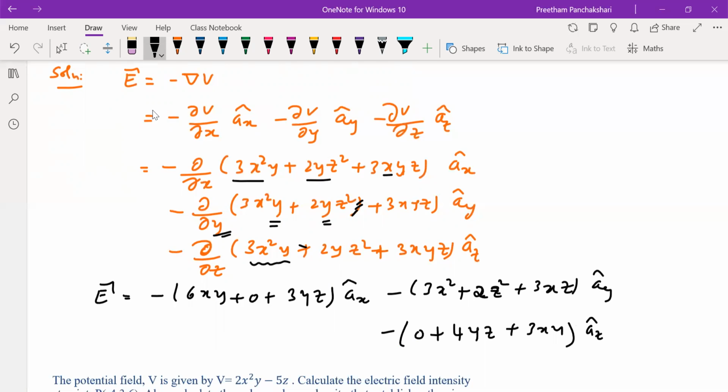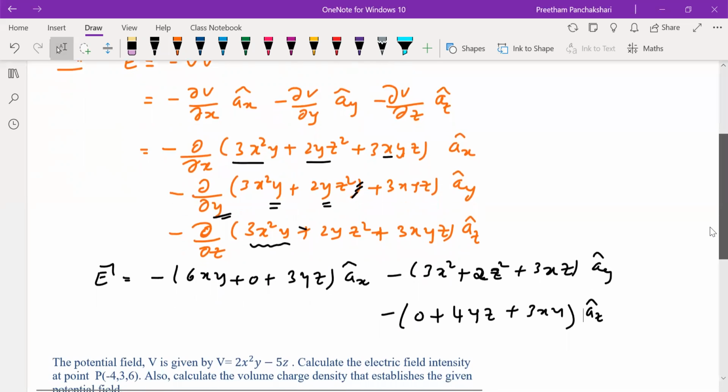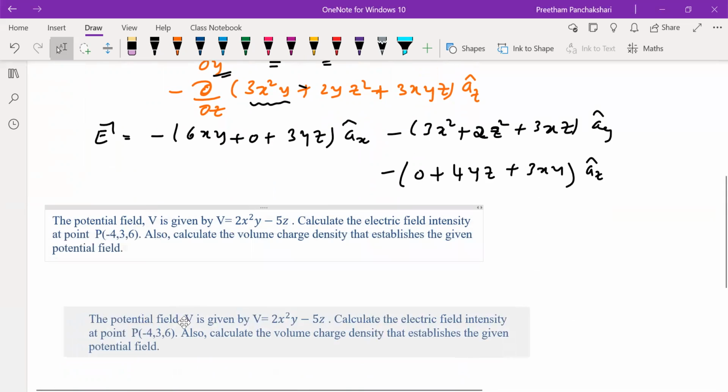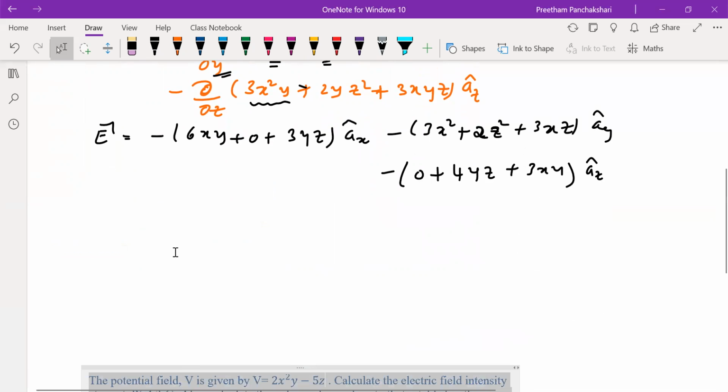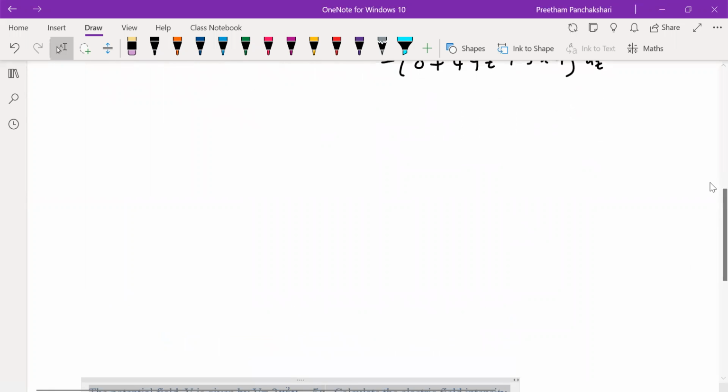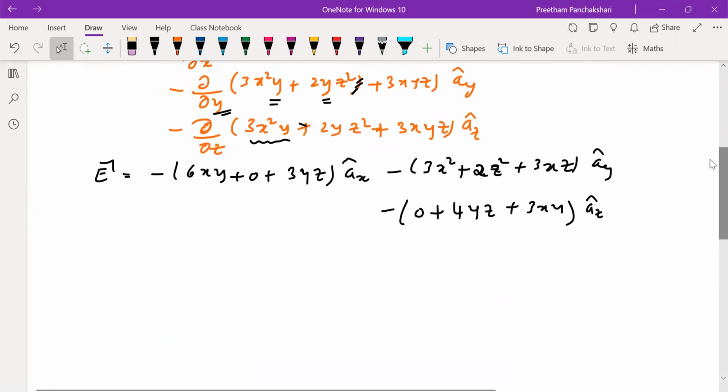So the differentiation is over. All three components of electric field are obtained. We have to simplify if needed. Let us see what happens in the next step.